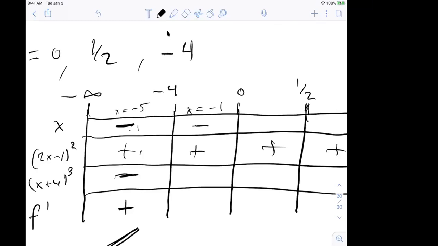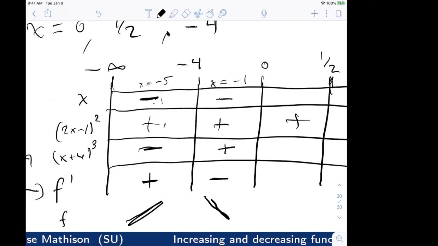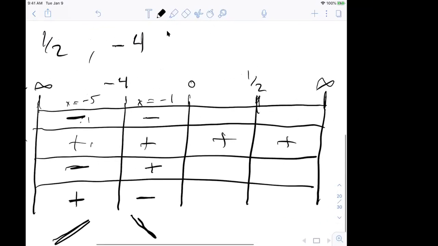So that's going to be positive. Yes, positive. There we go. So f prime here is a negative times a positive, which gives me a negative. Okay, so f is decreasing. This is really what f looks like. f is decreasing between -4 and 0.